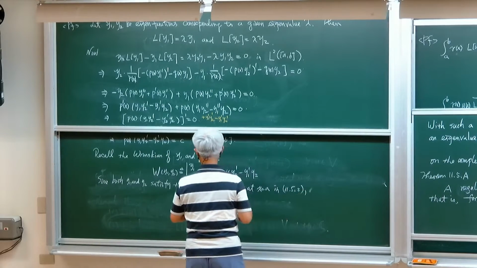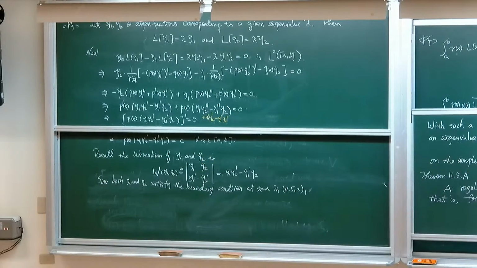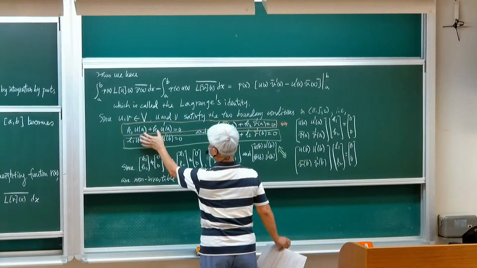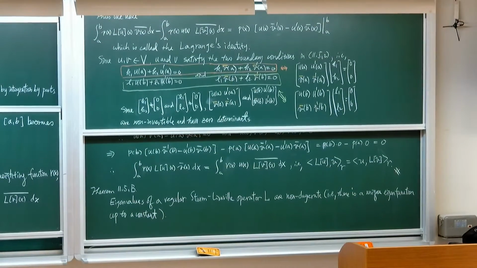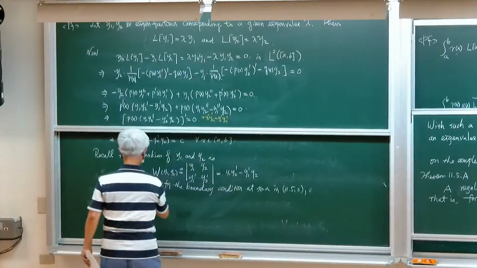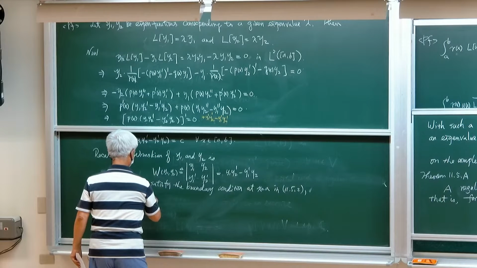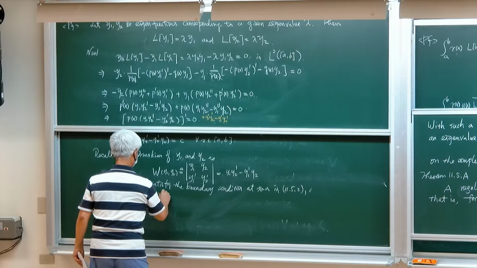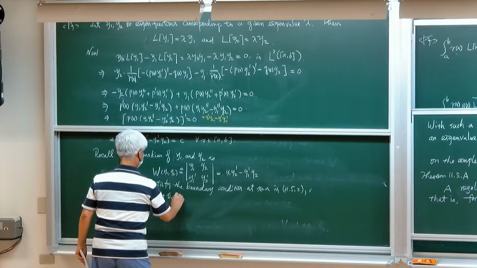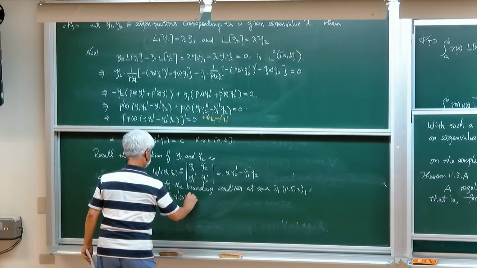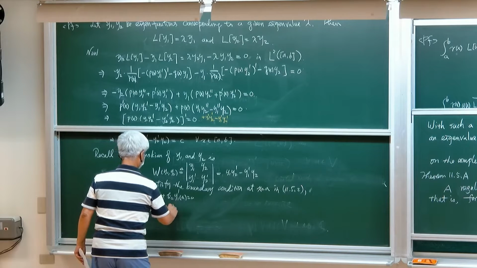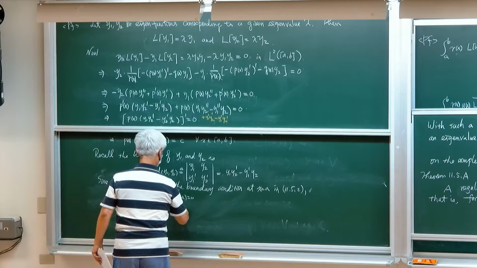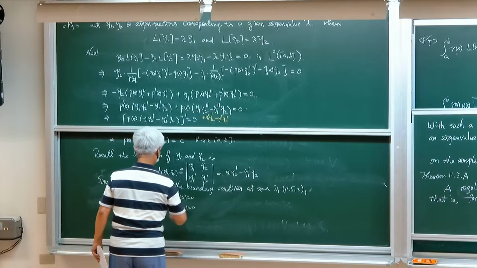So that means k1 y1(a) plus k2 y1 prime(a) equals 0, and k1 y2(a) plus k2 y2 prime(a) is equal to 0.